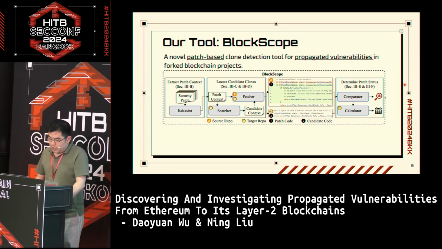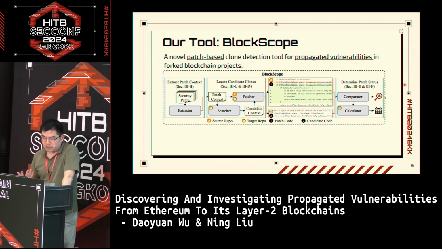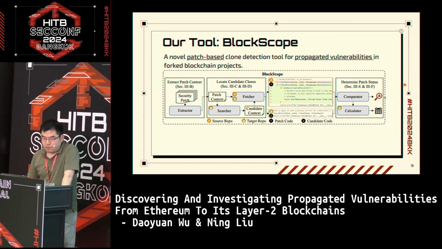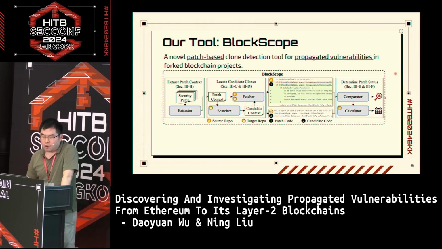So we did some research. In the past two years, we developed a tool called BlockScope, and it is also open source as of this week. It is a novel patch-based clone detection tool for analyzing and detecting propagated vulnerabilities in forked blockchain projects.